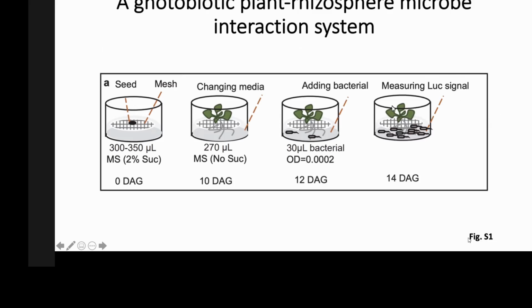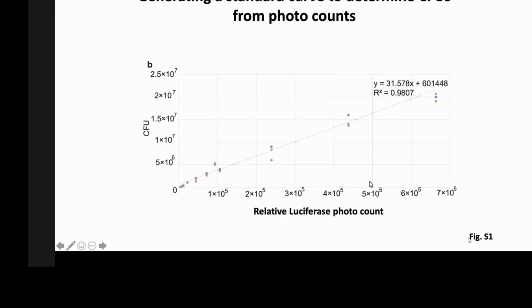I should have prefaced this by saying that the Pseudomonas fluorescens has a lux operon, so they're able to measure luciferase signal and use that as a readout for CFUs, so colony forming units. The first thing that they did was generate a standard curve to determine CFUs from photon counts.